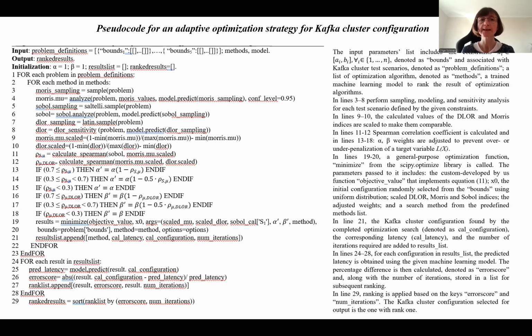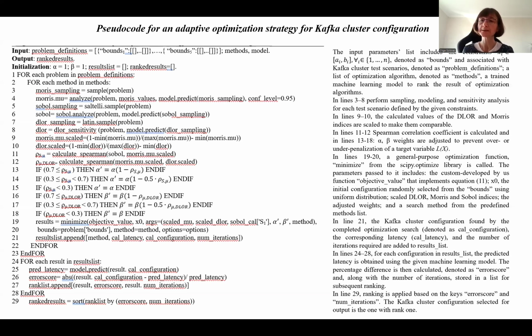The output parameter is a ranked list of optimization algorithms, and as I mentioned, ranking is done by 2 criteria. These are the percentage difference in the latency and the number of iterations, which we call the time complexity of the algorithm. Then the body of the algorithm, from line 3 to 8, performs sampling, modeling, and sensitivity analysis for each test scenario.